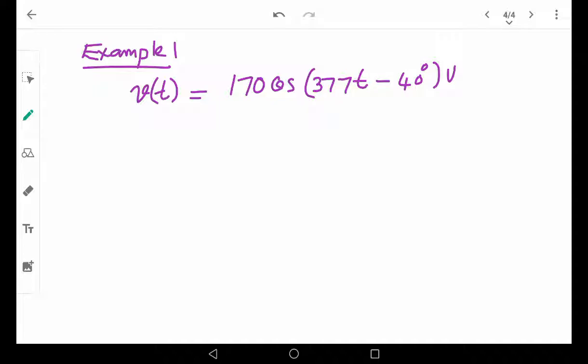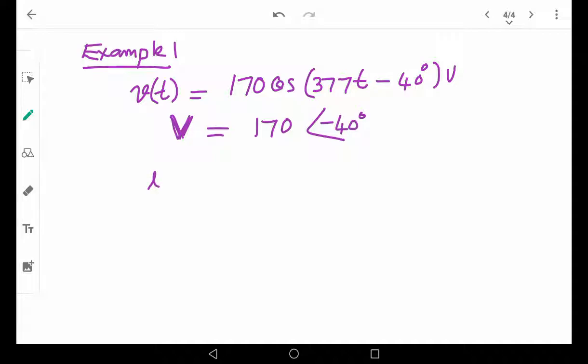What is the corresponding phasor? The corresponding phasor is given by V equal to 170 angle minus 40 degrees, where 170 is the amplitude and minus 40 degrees is the phase, right?